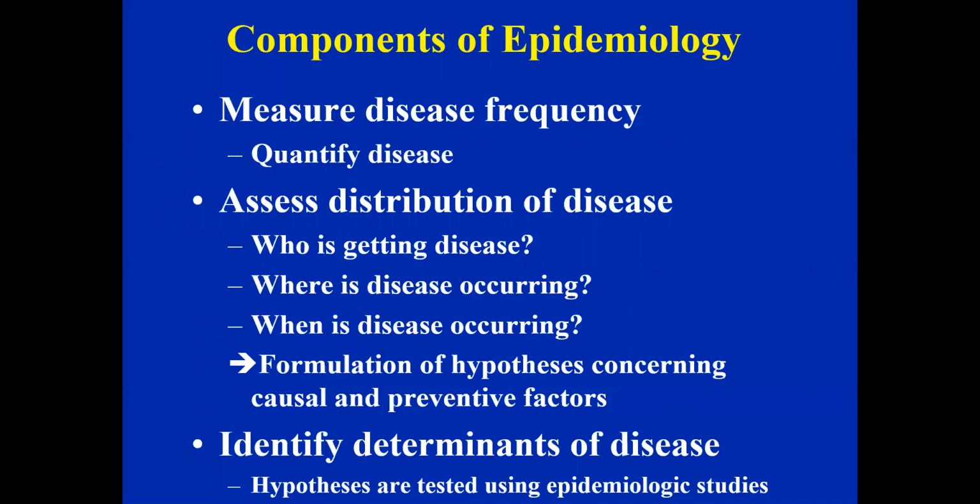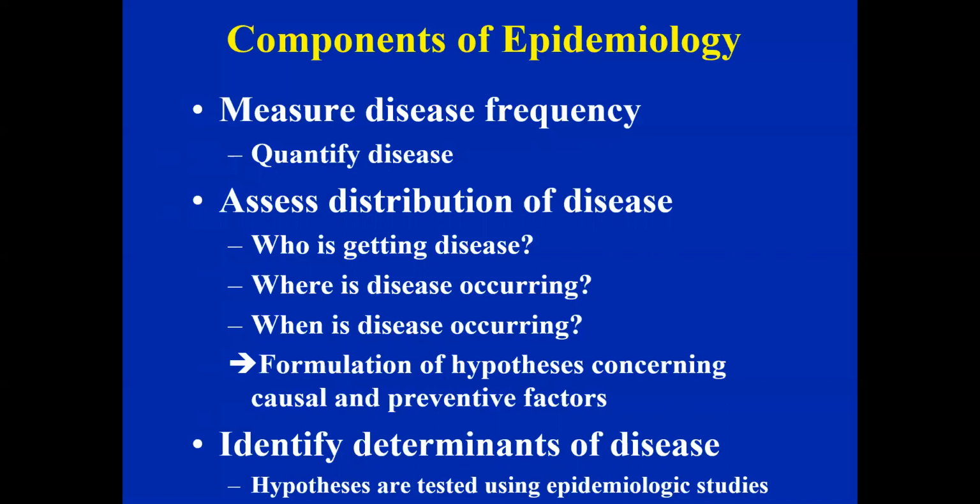The causal, if you remove those things, it means people will no longer have disease. The preventative one, if you introduce those things, it means people will no longer have disease. Then from the hypothesis, we identify determinants of the disease. These determinants can be either causal or preventative. And how do you find this? We do this using epidemiologic studies.